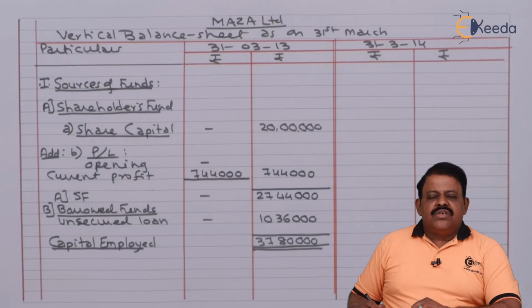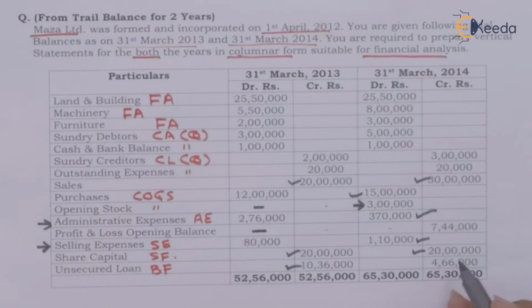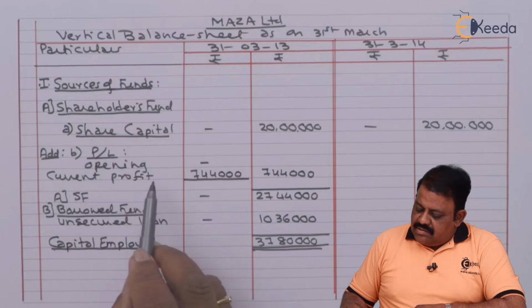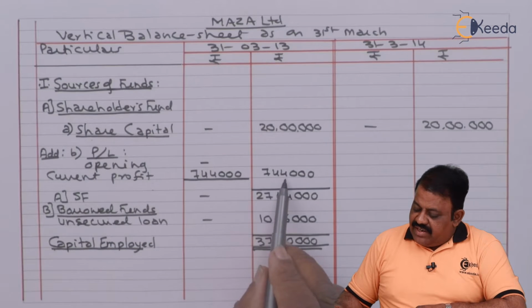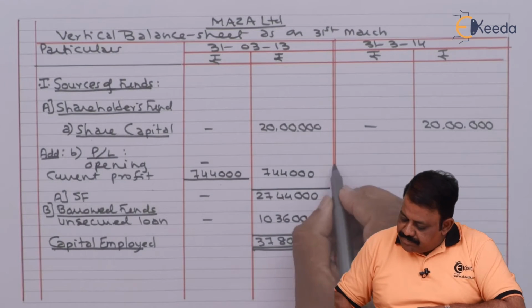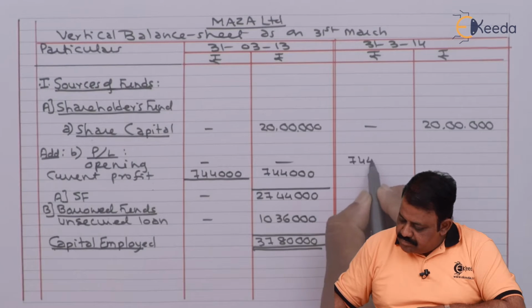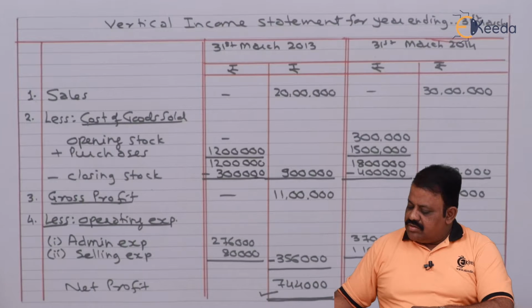Let us complete for the second year. Share capital 20 lakhs. Last year's profit and loss account closing is 7 lakh 44,000. It will become opening in the current year. Current year profit 11 lakh 20,000.